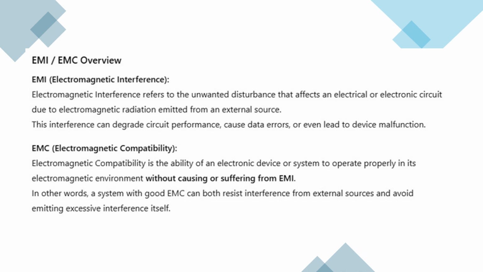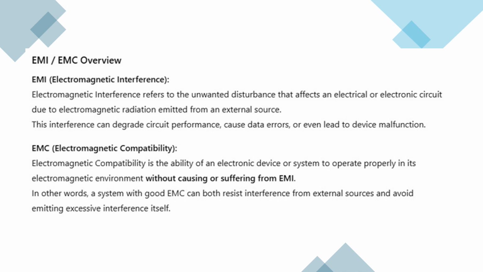What do you mean by EMI? Electromagnetic interference, that is EMI, refers to the unwanted disturbance that affects electrical or electronic circuits due to the electromagnetic radiation emitted from an external source. An external source may be any of your electronic gadgets.